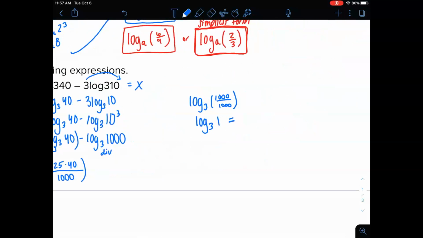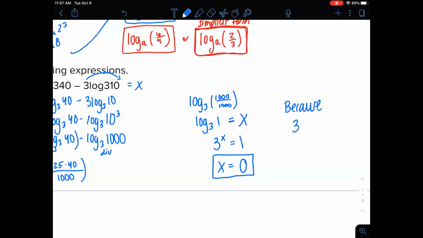So again, this is equal to x. This is the problem I need to solve for. Essentially, 3 to the power of x is equal to 1. So 3 raised to the power of what is going to give me 1 here? And my answer is going to be 0.